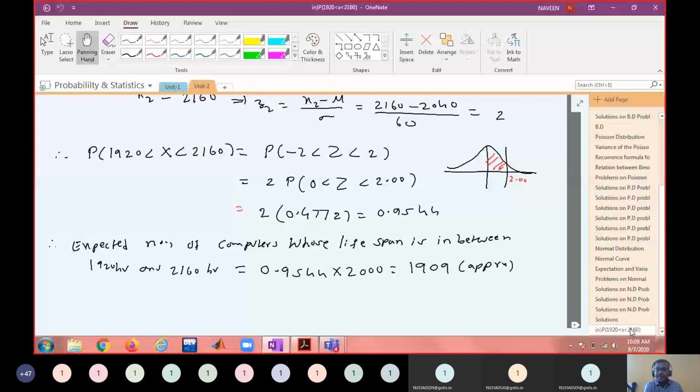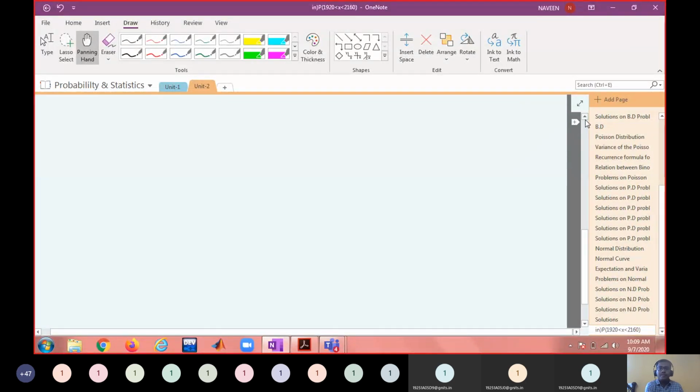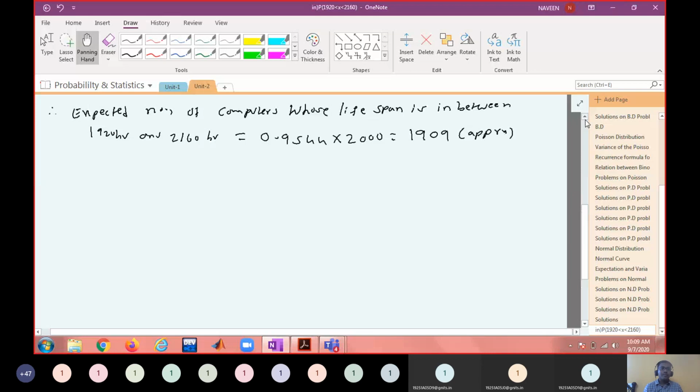How do we define it? Lifespan of motors, right? So write down x equal to lifespan of motors.